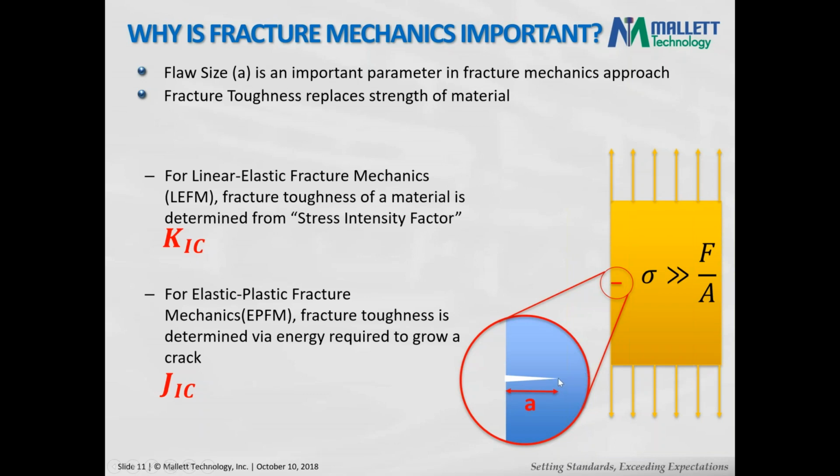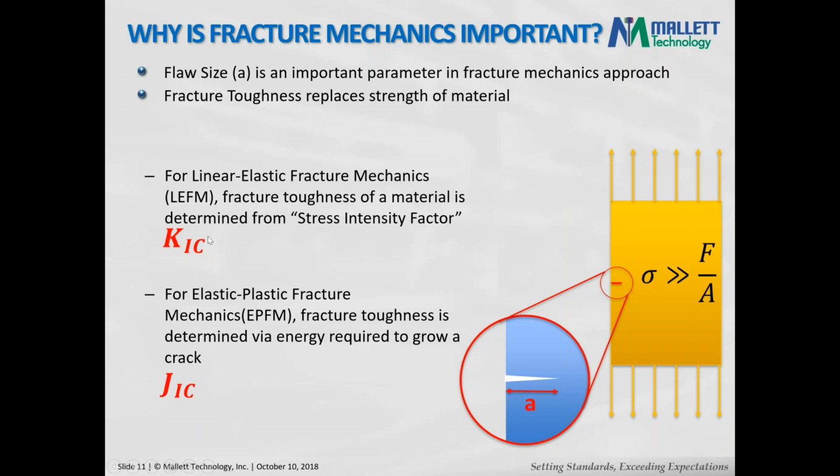Right at the crack tip, like we said, the stress is infinite, but in order to get a handle on the state of stress at the crack tip, we use this linear elastic fracture mechanics approach and define what's called a stress intensity factor, denoted by K sub 1C.